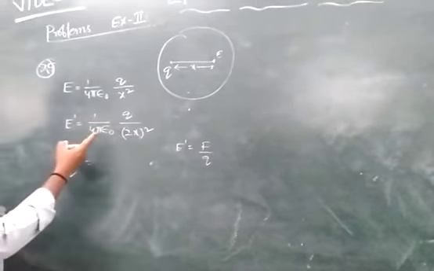Three small spheres, sphere 1, sphere 2, sphere 3, each carrying a charge q, are placed at the 3 corners of a triangle on the circumference of a circle. The radius is r.